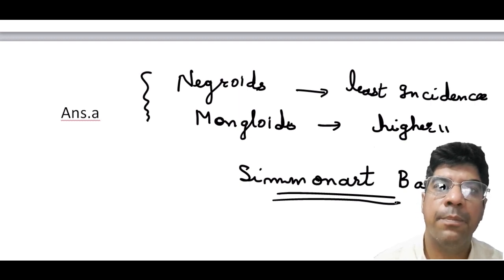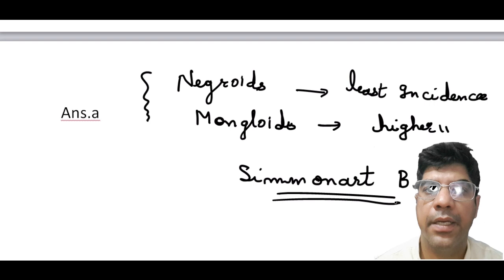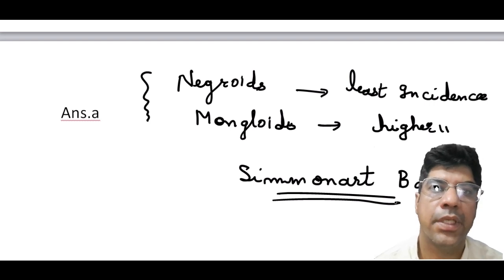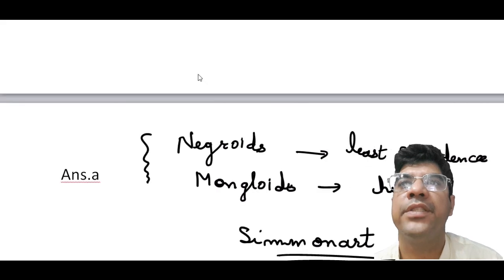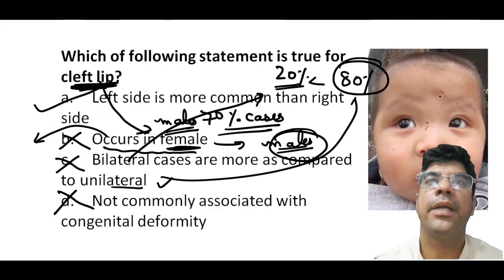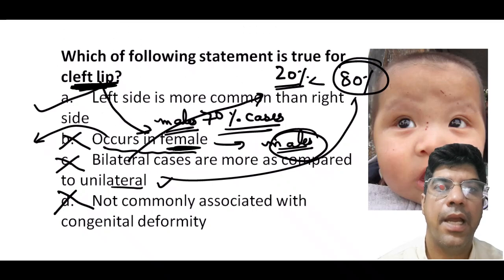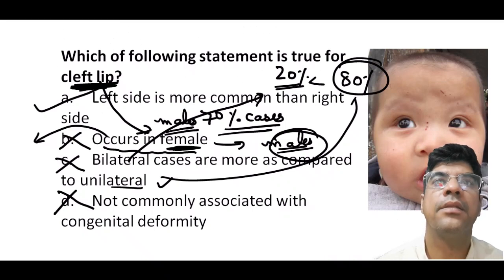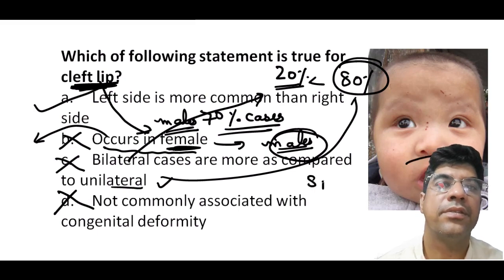Remember the incomplete cleft that affects only a portion of the lip contains a band. It contains a bridge of tissue. So there is a bridge of tissue that connects the central and lateral lip, that is known as Simonart's band.